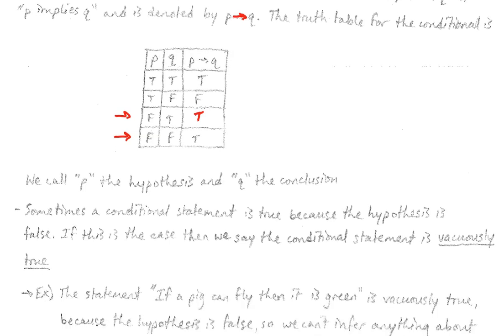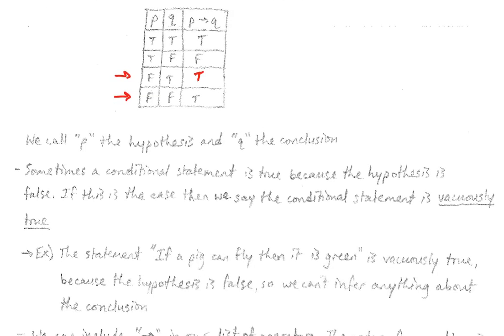So as a quick case in point here, the sentence, if a pig can fly, then it is green, is actually vacuously true because the hypothesis is false. At least last time I checked, pigs cannot fly, so therefore it is logically valid to make this conditional statement.